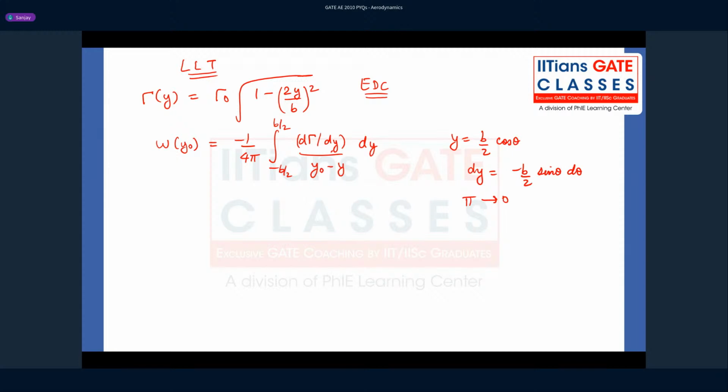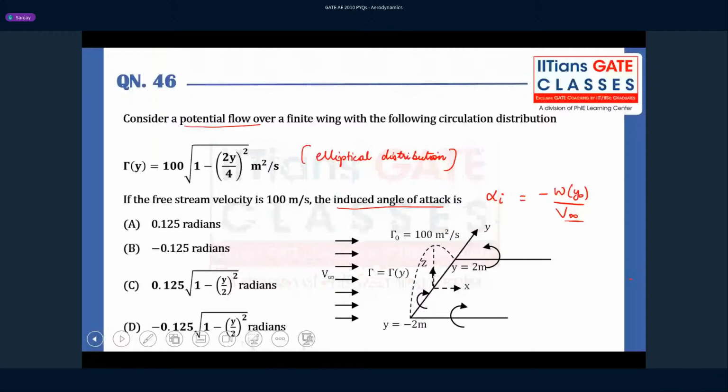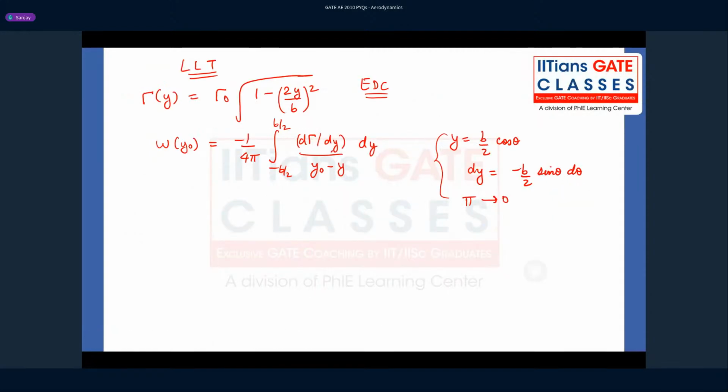Okay, so you can use this transformation and do this integration. I am not doing it here, I'm leaving it for you to do. Okay, you can even refer John D. Anderson. It is a solved example in that elliptical distribution. When you do this integration, remember, you will have to make use of a special integral called Glauert's integral.